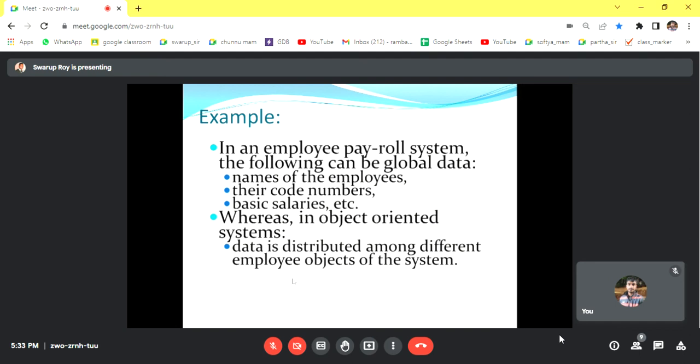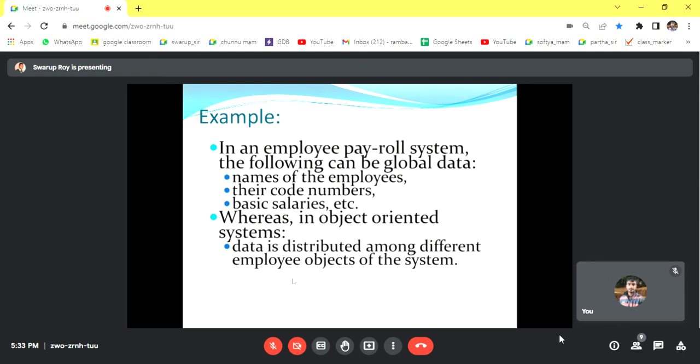Whereas in an object-oriented system, this data is going to be concentrated within the employee object: employee 1, employee 2, employee 3, and so on. Employee 1's data, name, code number, basic salary, cannot be accessed by the other objects. So that is distributed.